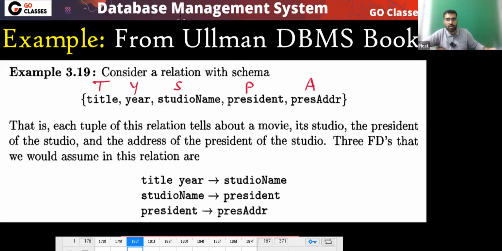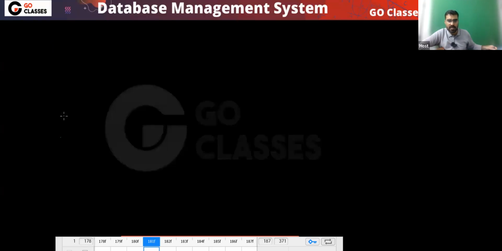So finally, what are your functional dependencies? TY determines S, S determines P, and P determines A. These are your FDs. Look at this relation.